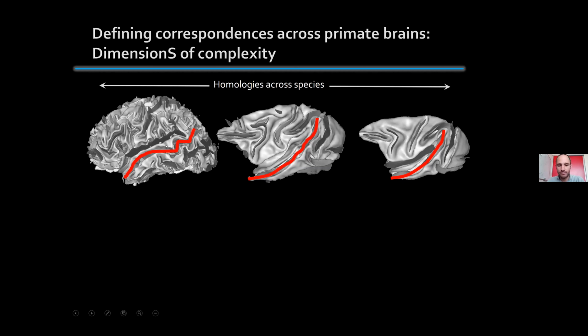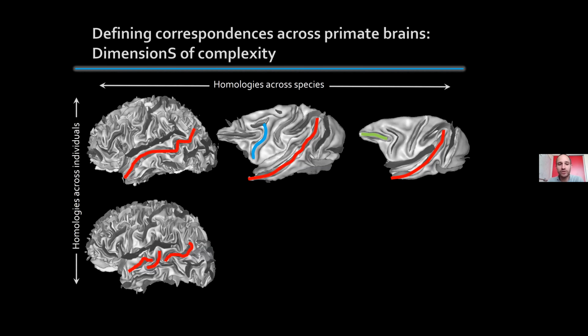If we have landmarks that can be found in any brain, as Céline pointed out, then in this case we know what we want to do. But in other locations, we can have smaller folds where it's difficult to find correspondence, and that's also the case for other species. And we have a second dimension of complexity, which is variations across individuals.